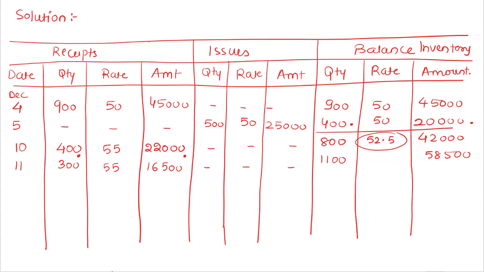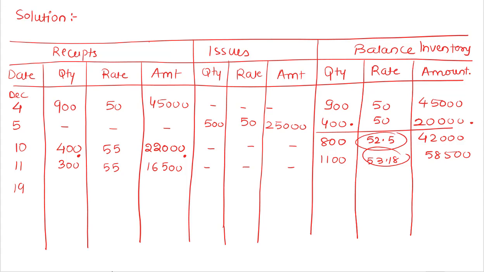And then we need to calculate the average rate. So 58,500 divided by 1100 is 53.18. This is the average rate that we have calculated, 53.18.